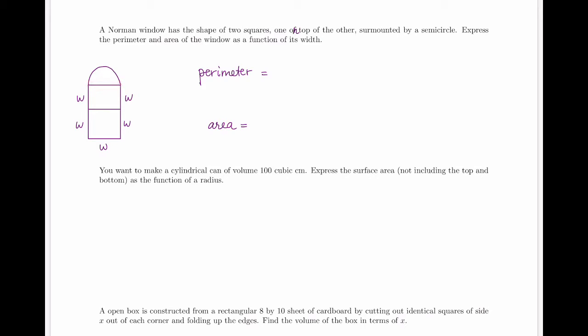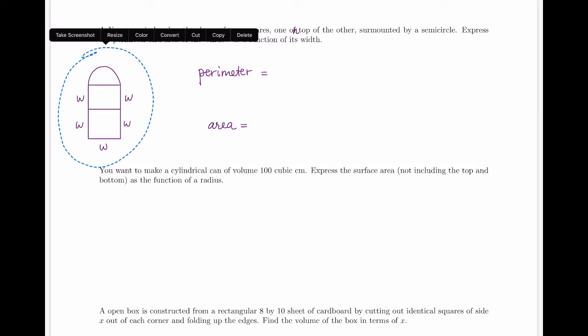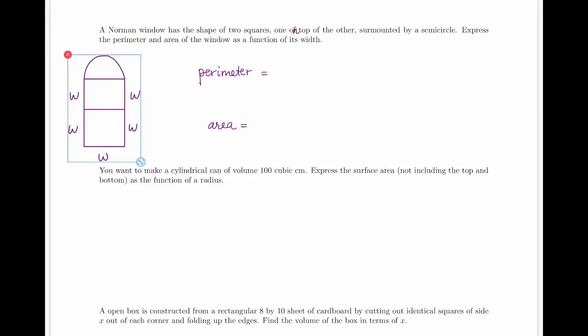Now from the previous example, we note that the one dimension that represents the circle well is the radius. So here it's useful to think about the radius of the circle, or this quantity right here. So note that if this whole thing is w, then this whole thing is w, which means that the radius here will be w divided by 2.